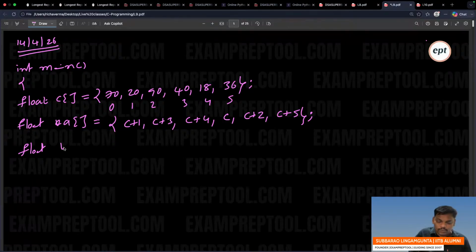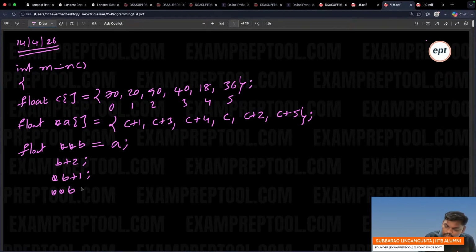Next one, float star b is equal to a. Afterwards, b plus 2. Afterwards, star b plus 1. Afterwards, star b plus 2.